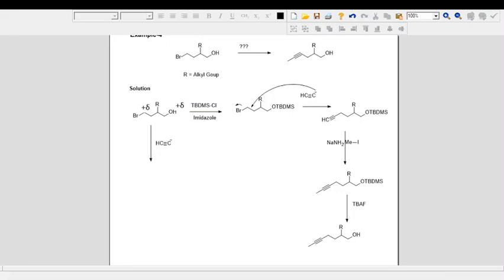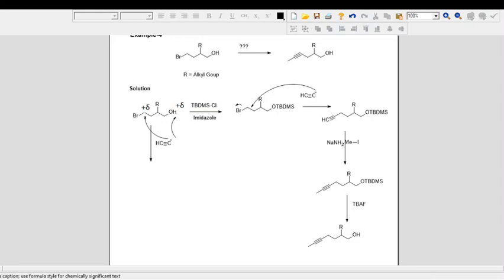What will happen? This negatively charged ion will go on to either attack the proton or attack the electron deficient carbon atom. There are two options here, but we know that acid-base reactions are preferred over nucleophilic substitution reactions. Why?